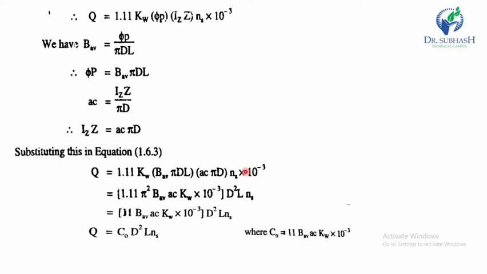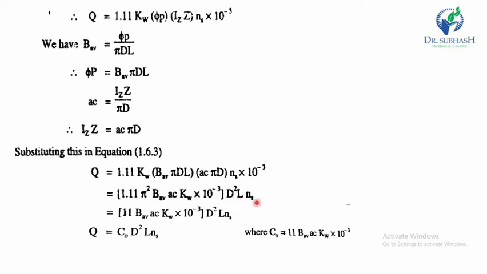Now here we have all the values. We have discussed the definition of the output equation, the specific magnetic loading, specific electric loading, main dimension and speed. Already all the specifications are here. So now we see that 1.11, kW, BAV, AC, kW and 10⁻³ are all constants, and pi square is also a constant.